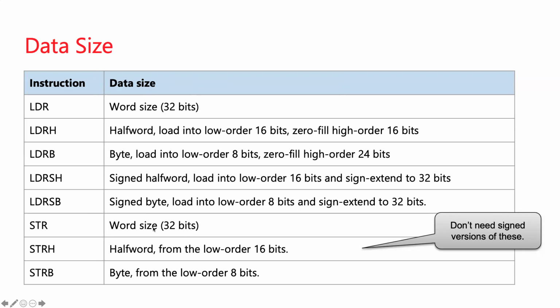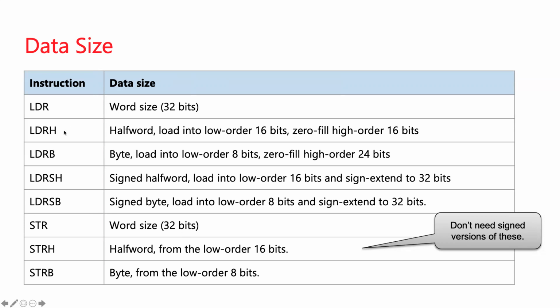But if you say LDRH, you're asking to load a half word. And in Intel, we kind of had names for the 2 byte-sized sides of some registers. In ARM, you're going to use the whole register. You're just going to initialize it with a half word in the case of this instruction.